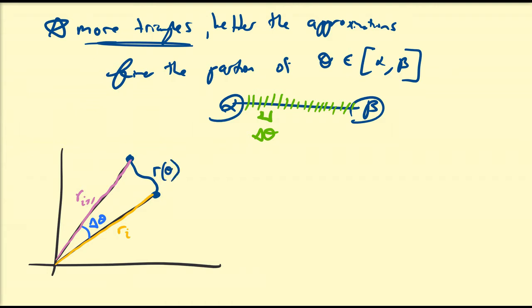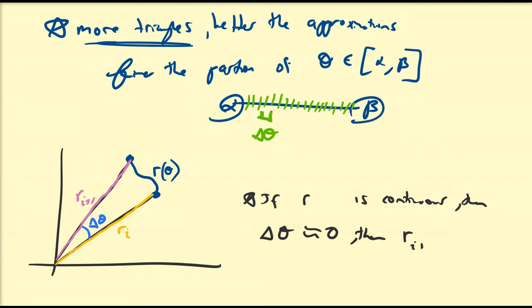Some properties you should be able to verify on your own: if r of theta is continuous, or more formally, if r is continuous in theta, then if delta theta is approximately equal to 0, then Ri plus 1 is approximately equal to Ri.